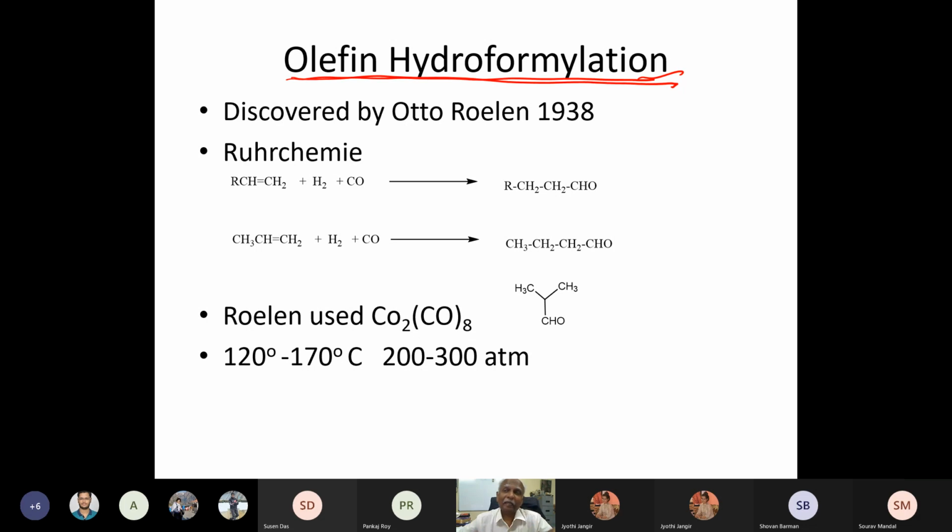The same reactants can give you multiple products, and so selectivity turns out to be a key factor in choosing the right catalyst.